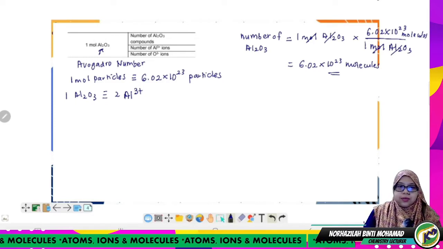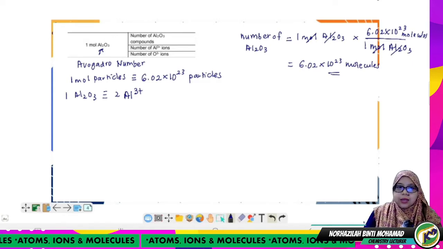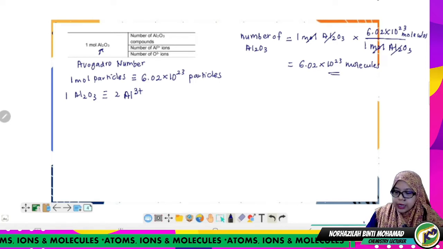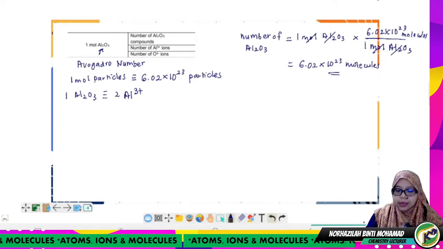Okay, 2 aluminium ion means that to get the number of aluminium ions, we need to calculate the number of mole of aluminium first.